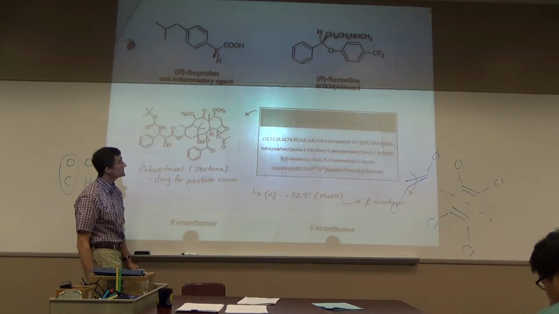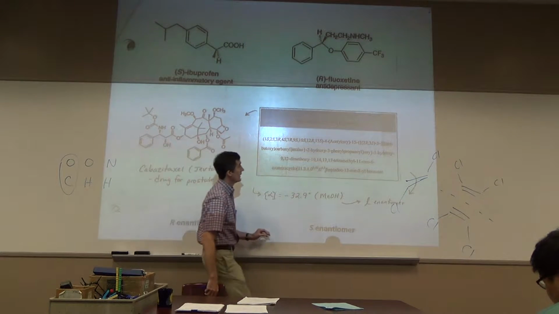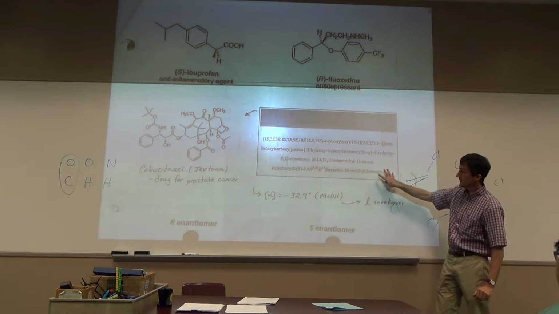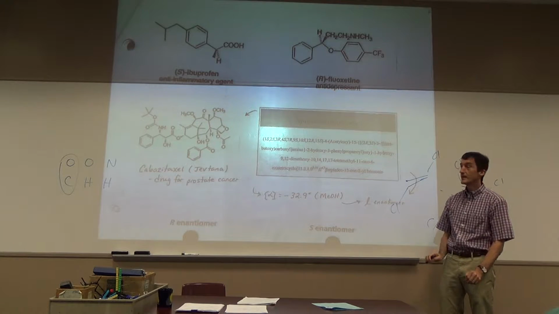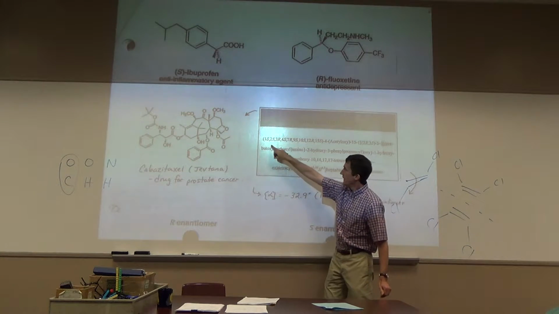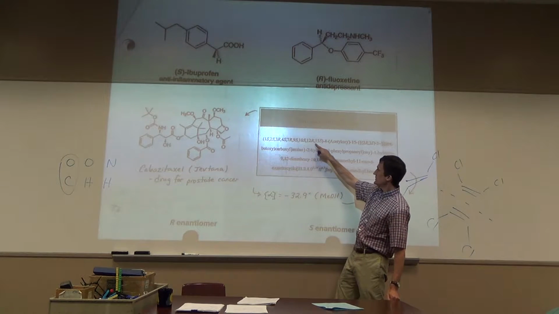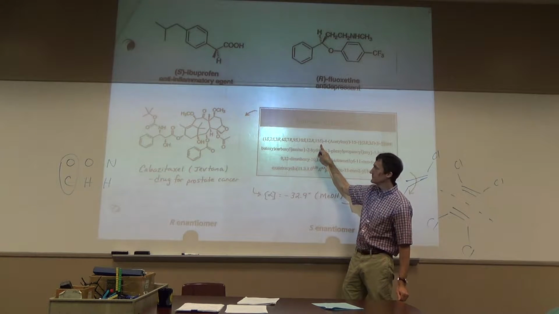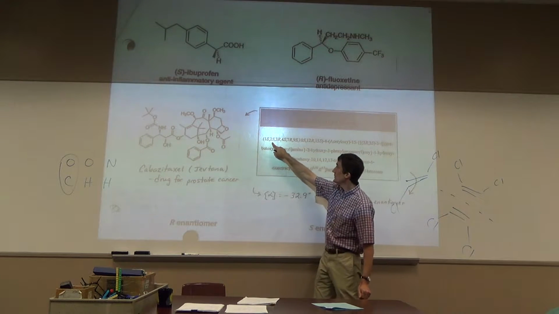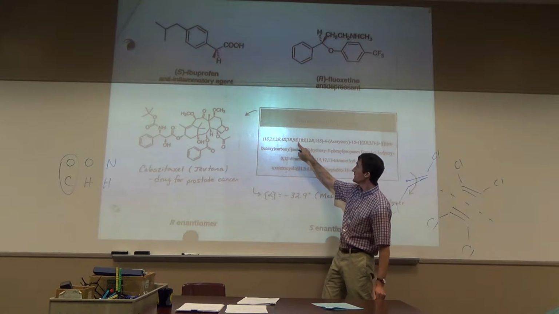How many stereogenic sites? Here's the name. I can ask you to name it. Stereochemical descriptor: they put all of the R/S descriptors in the front, because every one is specific. 1S, 2S, 3R, 4S, 7R, 9S. Okay?